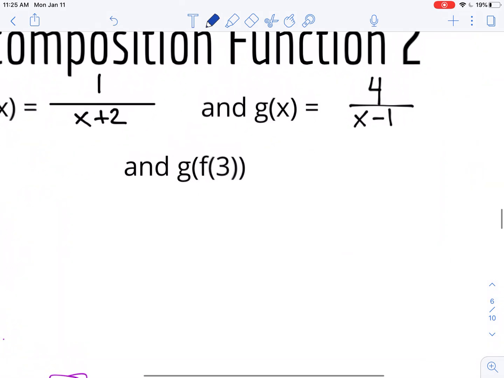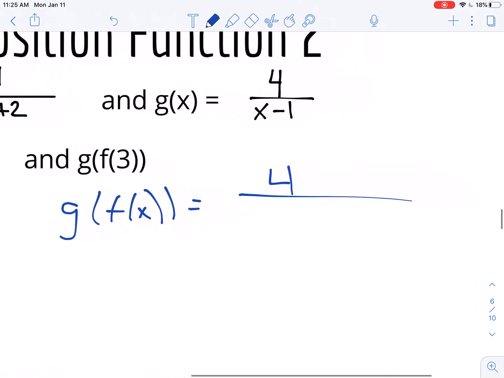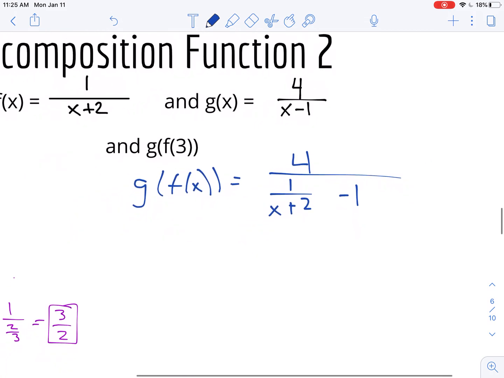We'll do the same thing with g of f of 3. So this means that I can first find g of f of x, which would be equal to 4 over 1 over x plus 2 minus 1, because I've plugged my entire function f into the x for g of x. Now I can go ahead and plug in that 3.